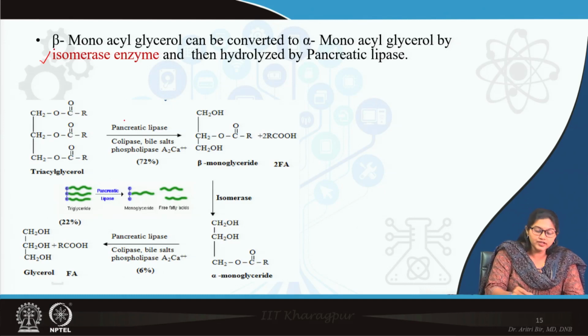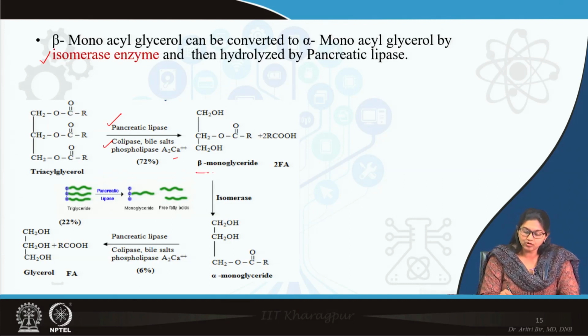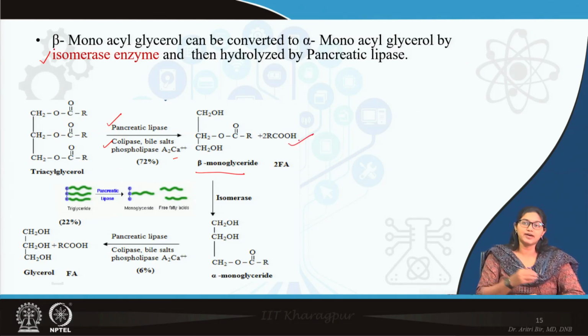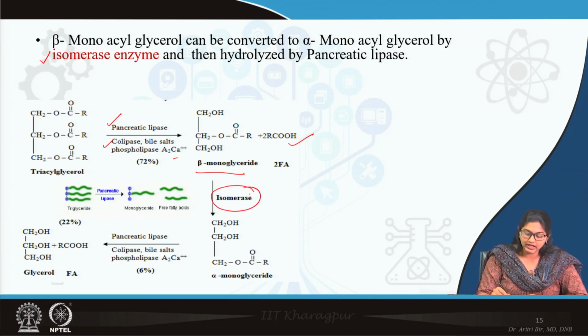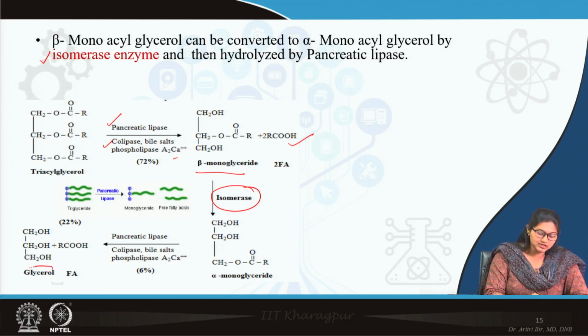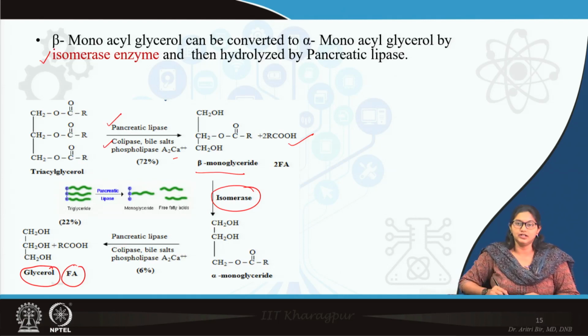So, you can see that with the help of pancreatic lipase, in the presence of co-lipase as well as calcium, there is formation of beta monoglyceride with release of two fatty acids which were linked by the primary ester bonds. Now, with the help of the enzyme isomerase, there is shifting of the ester bond and formation of the primary one, and again pancreatic lipase can act over it to produce glycerol and the single fatty acid which was attached to it.